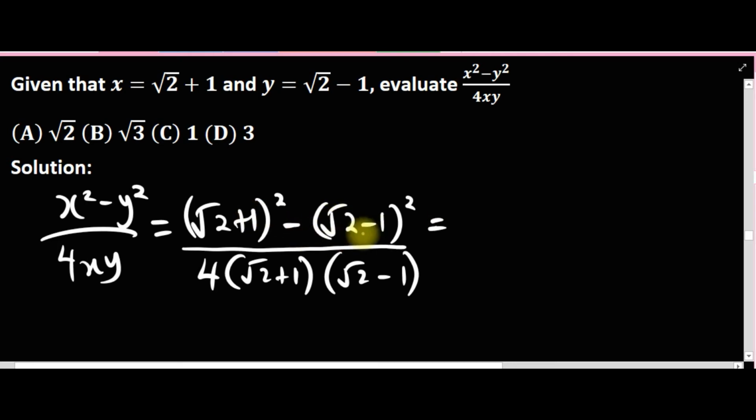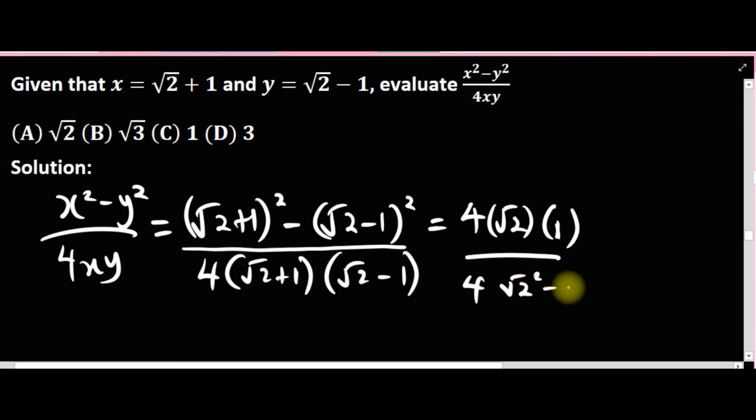The denominator is a difference of 2 squares, which is root 2 squared minus 1.